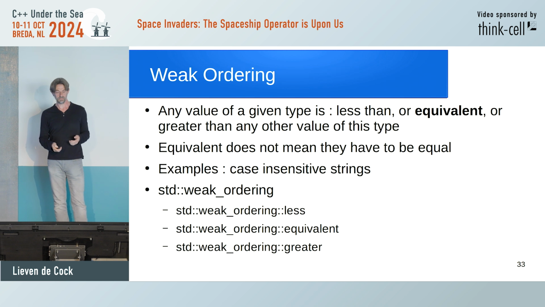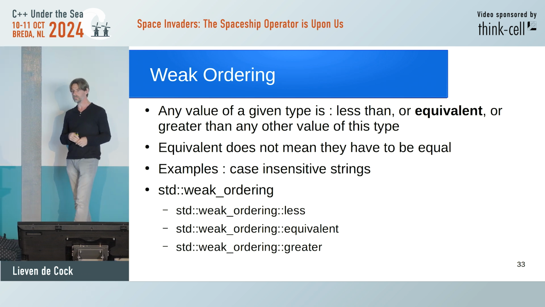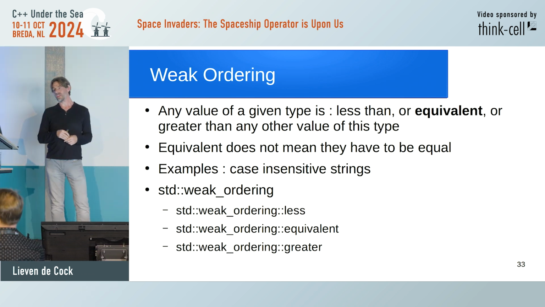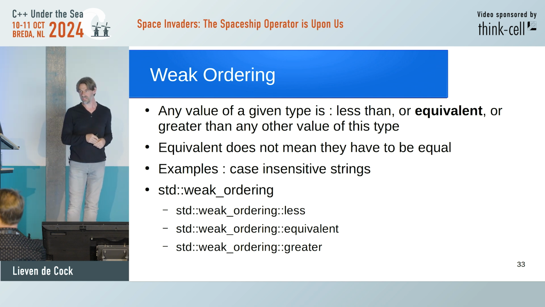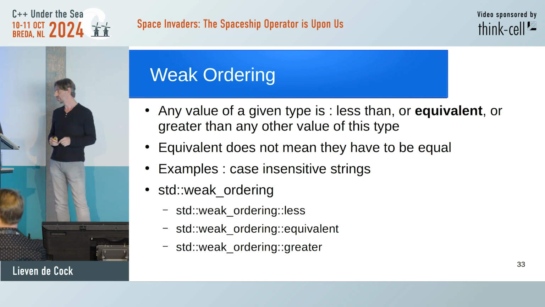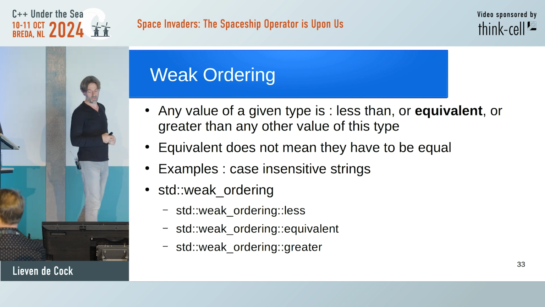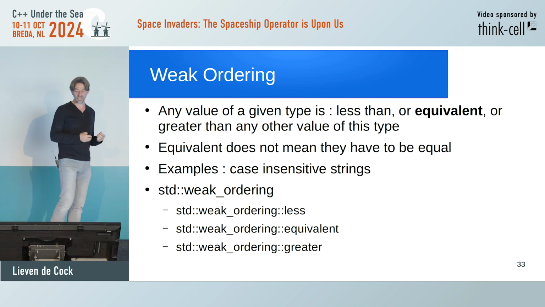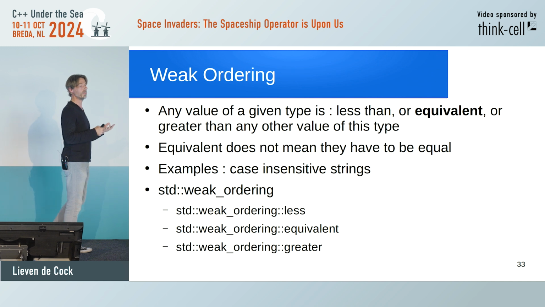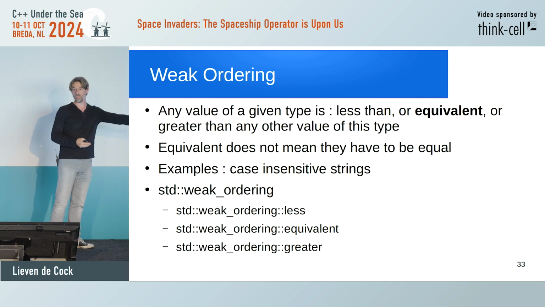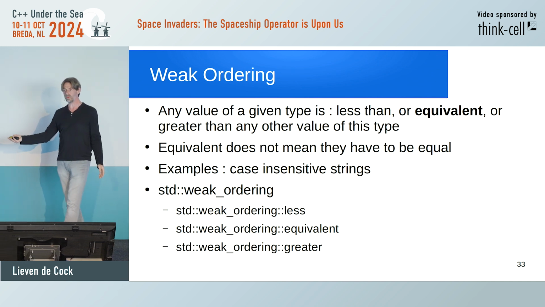All right. Weak ordering. Any value of a given type is either less than, greater than, or equivalent. Not equal, equivalent. For example, a case-insensitive comparison of strings. Hello with an uppercase versus hello with a lowercase.